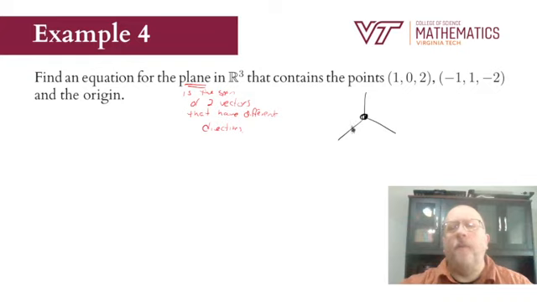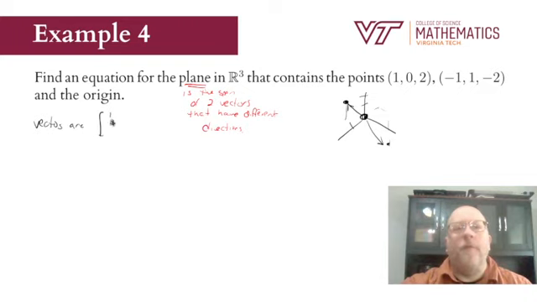The origin, the point 1, 0, 2, and the point -1, 1, -2. So that's going to be this point down here. Well, those two vectors could be just this vector and this vector. So my vectors are 1, 0, 2, and -1, 1, -2.